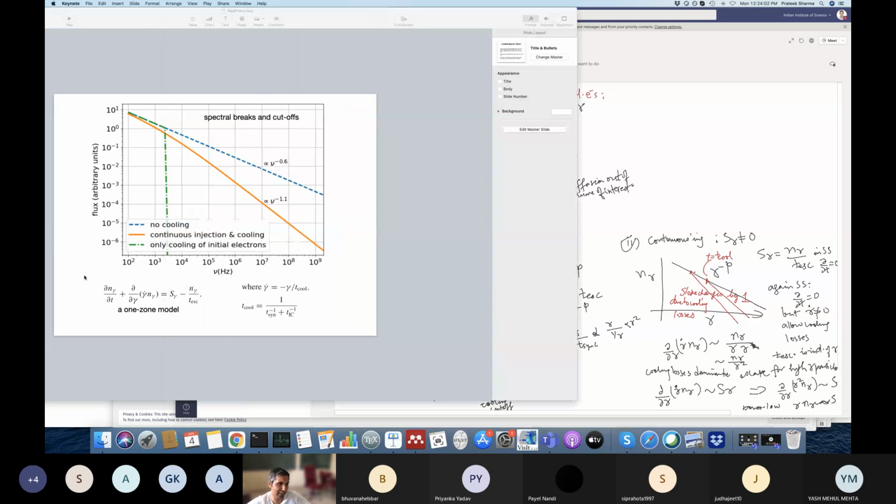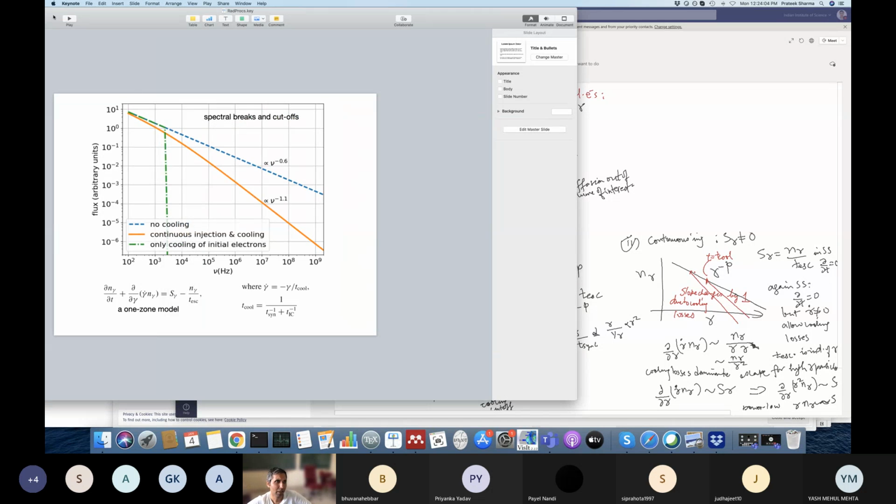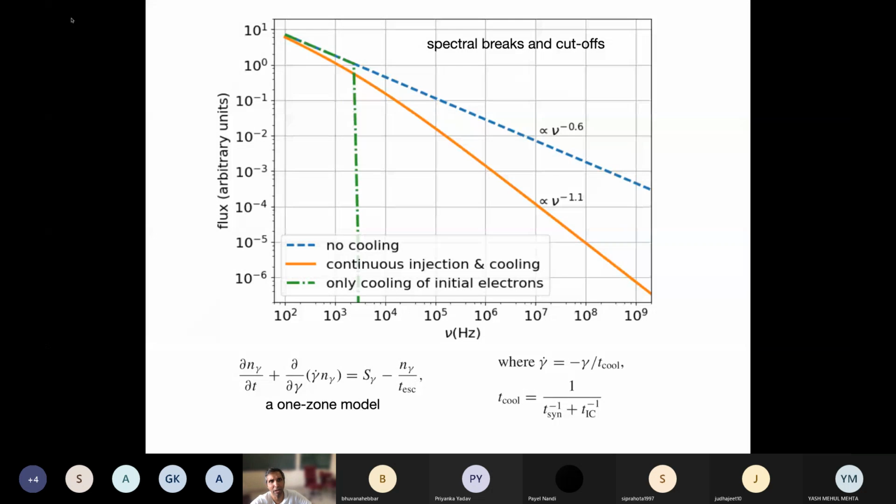So here is actually an example that shows it. If you have a nu to the minus 0.6 spectrum, flux as a function of frequency. Now we consider two scenarios. This green scenario where there is only cooling of initial electrons, this is the first scenario that I outlined.